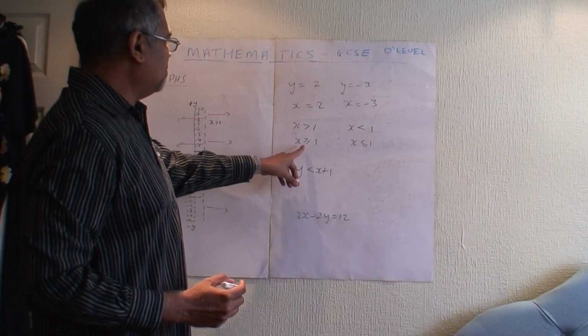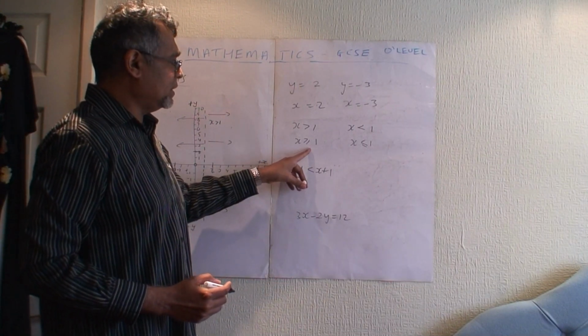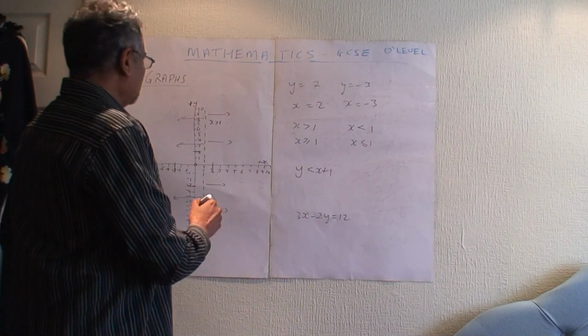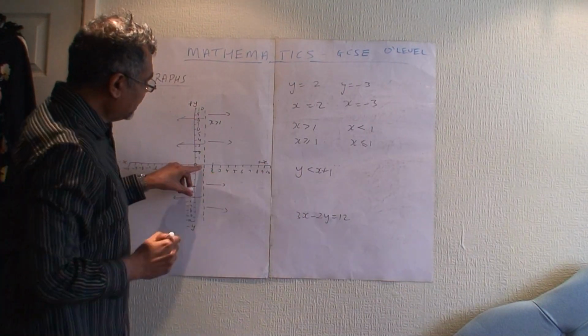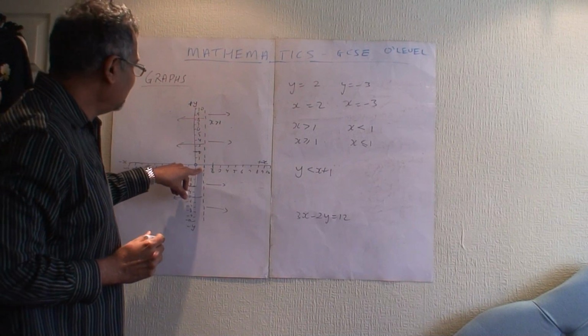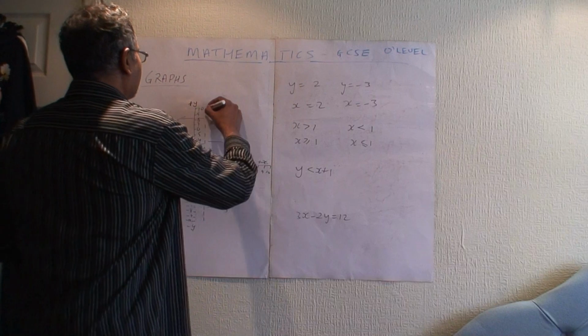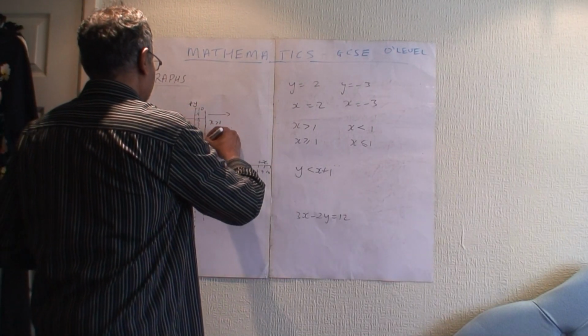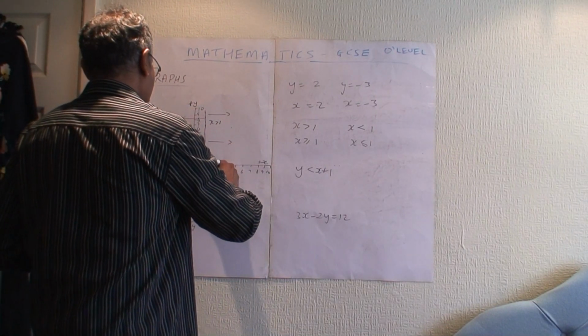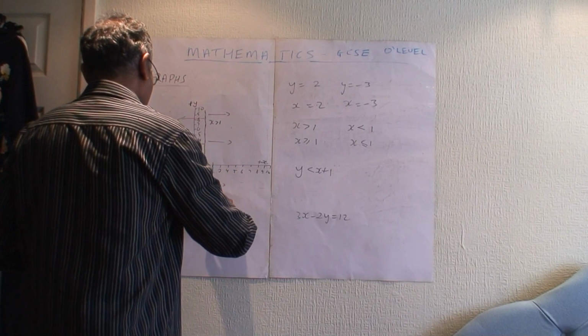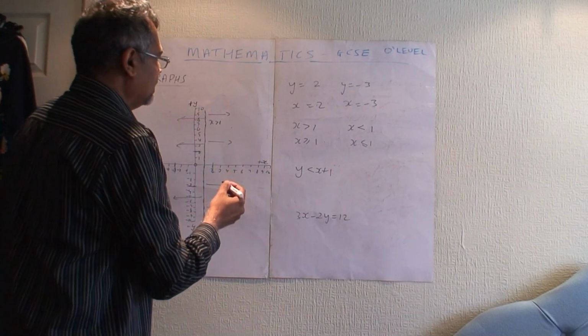If we are talking about it as being greater than or equal to 1, we come back to the positive 1 here, but instead we draw a straight line. Straight line like this. It's no longer the dashed line, but a solid line.